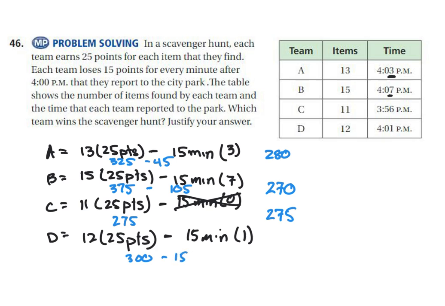So they had 285. So it says the table shows the number of items and the time. Which team wins the scavenger hunt? Team D wins the scavenger hunt with a grand total of 285 points.